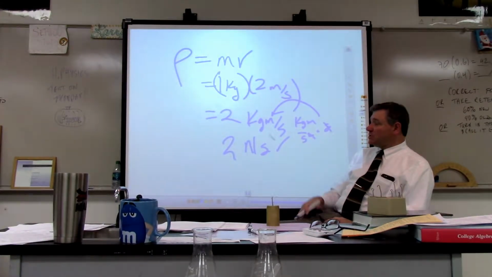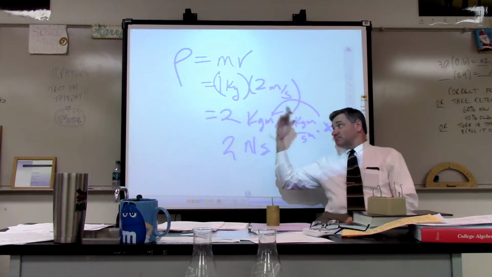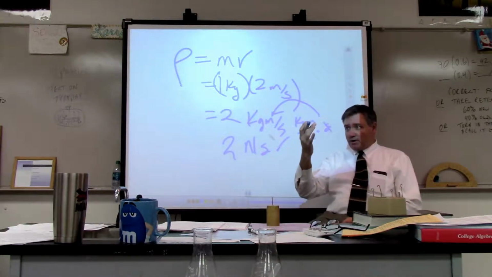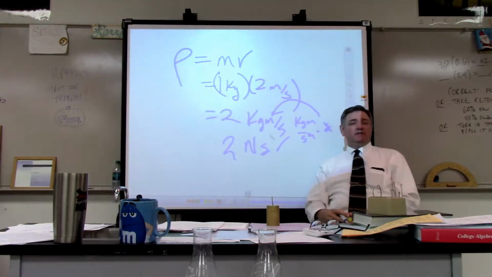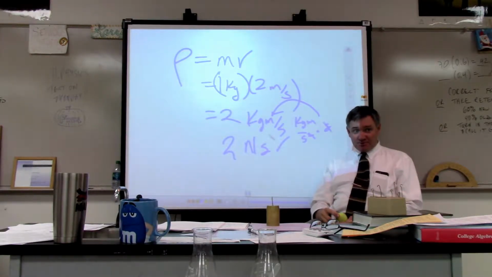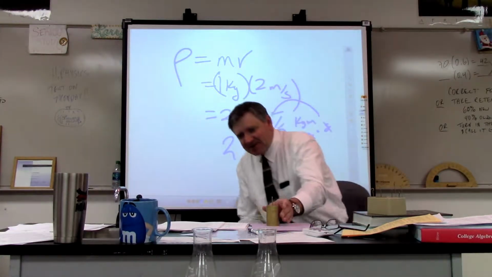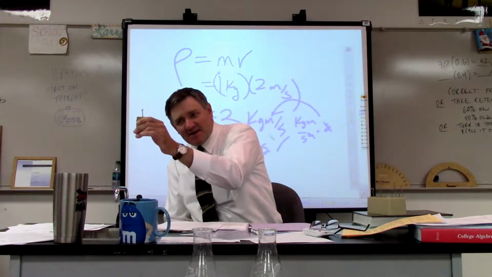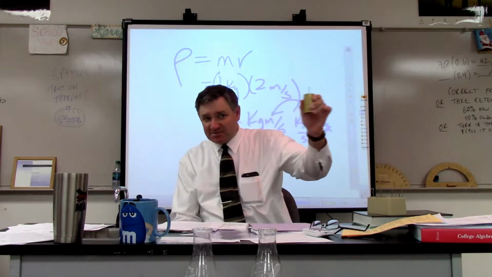Now, do you think this momentum is a vector quantity or a scalar quantity? Vector or scalar? Scalar. Why? It has no direction. So, if I take this 1 kilogram mass and I move it this way at 2 meters per second.